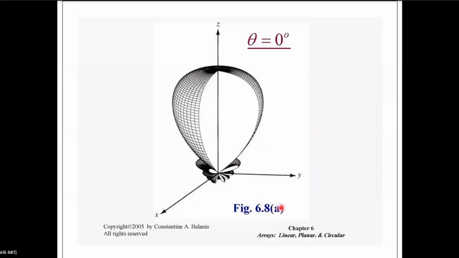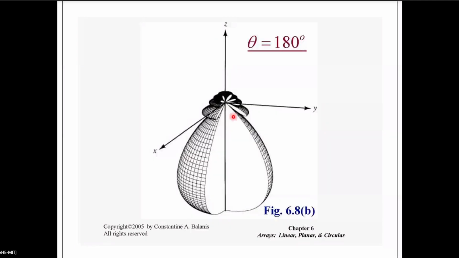So if you see, this is the end fire array with theta is equal to 0. The array is along this z axis, so the maxima is all along theta is equal to 0. This is at theta is equal to 180 degrees. This is the first side lobe.